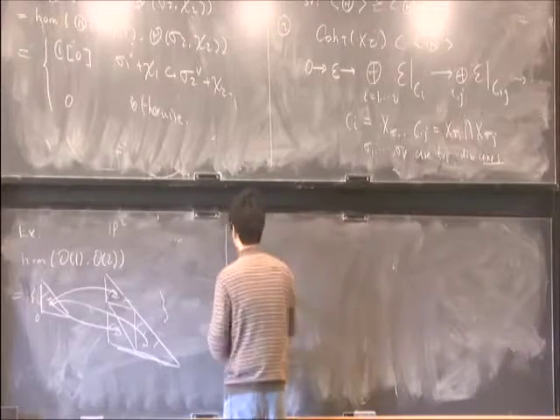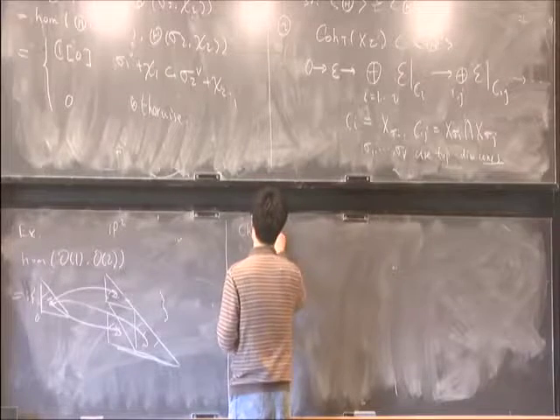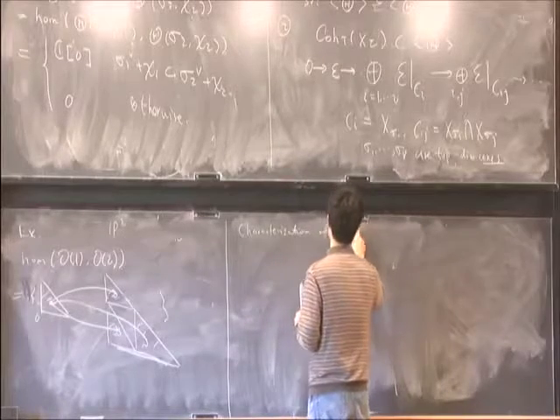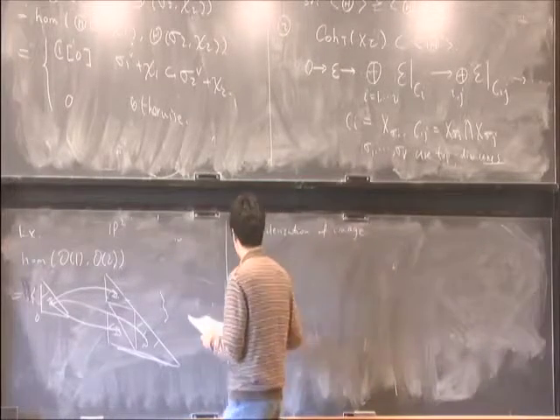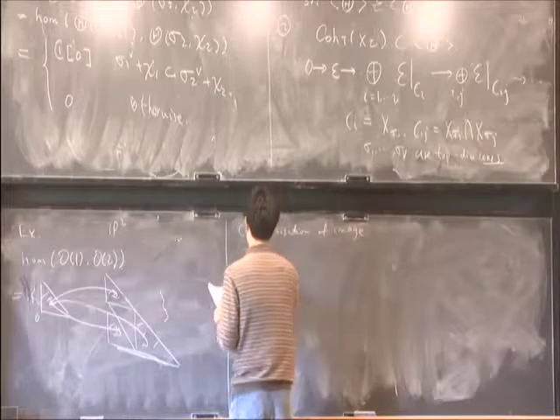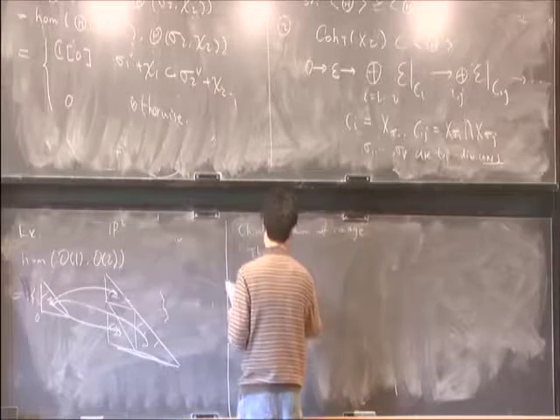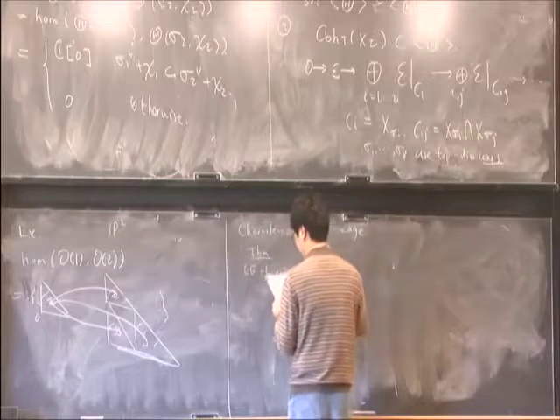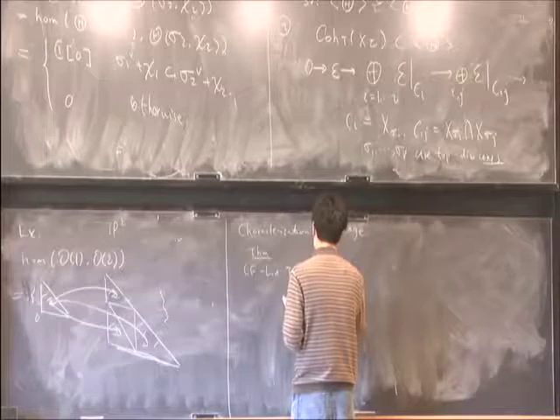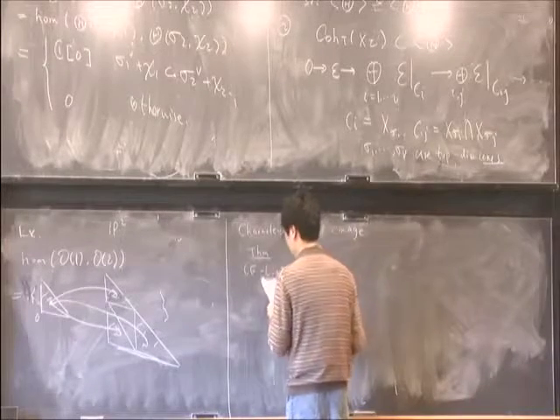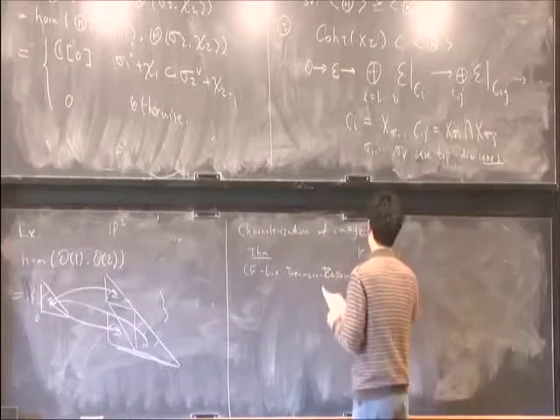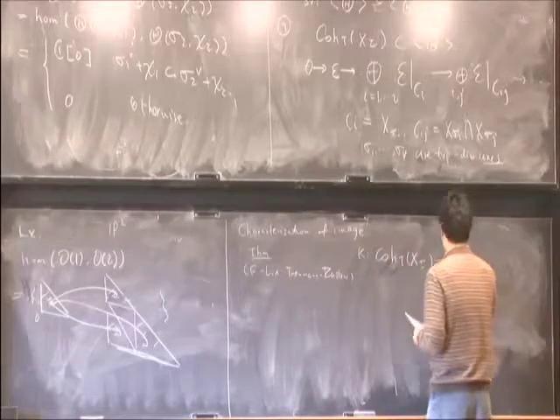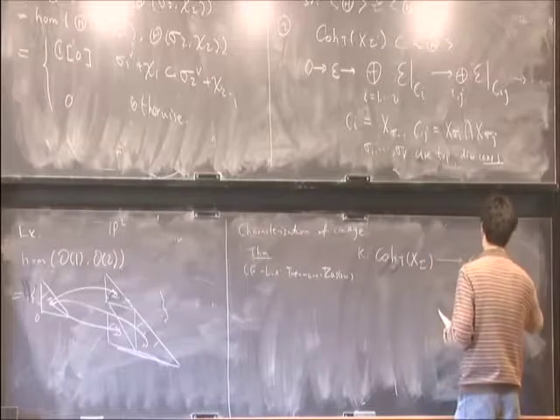Okay, so here's a characterization of images, of the range. Here's the theorem. This is simply an enhancement of the fact that this functor goes from the category of coherent sheaves to the category of constructible sheaves.